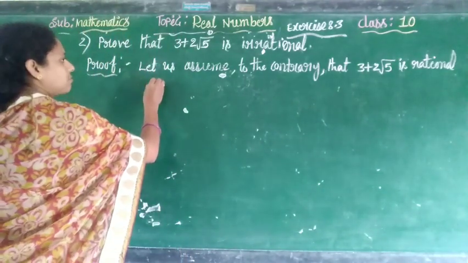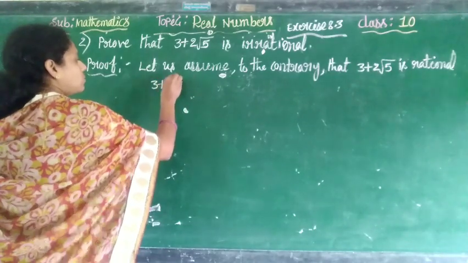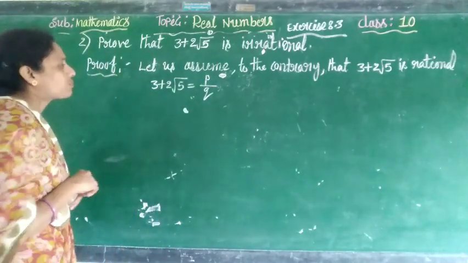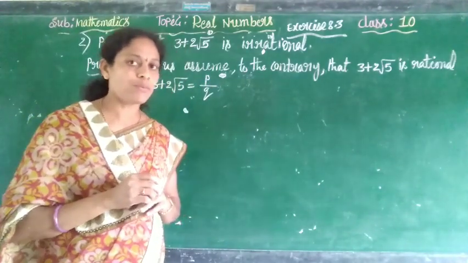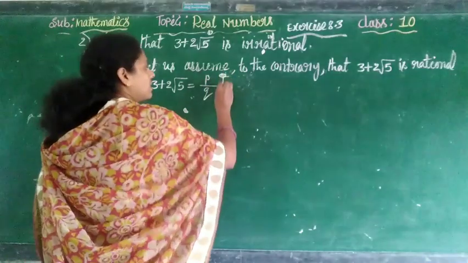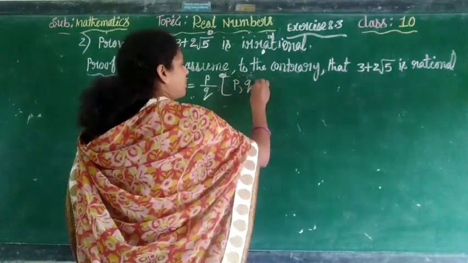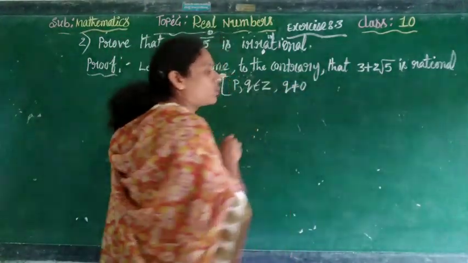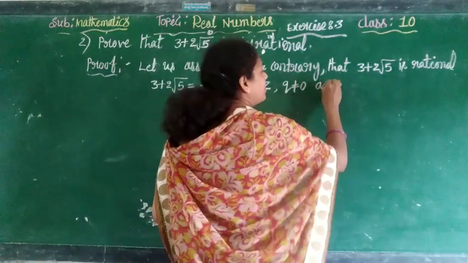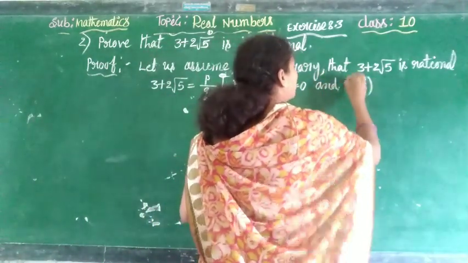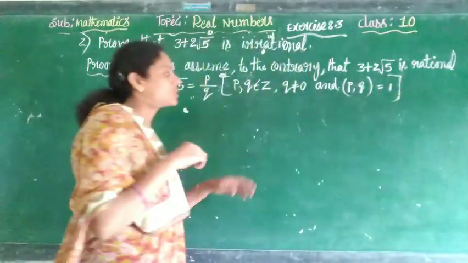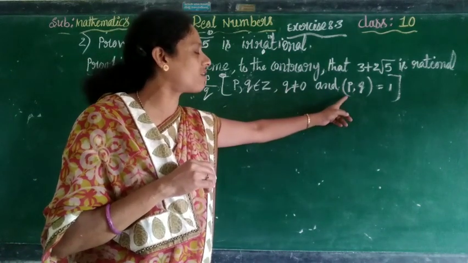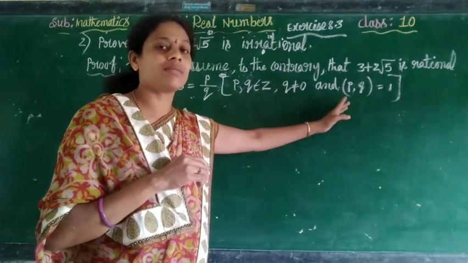This implies that 3 plus 2 root 5 is equal to p by q, where p, q are two integers, p, q belongs to Z, where q is not equal to 0, and gcd of p and q is equal to 1. So there is no other common factor for p and q other than 1.